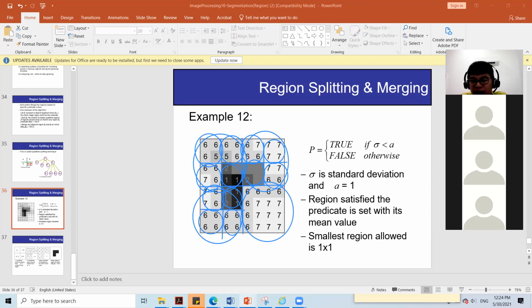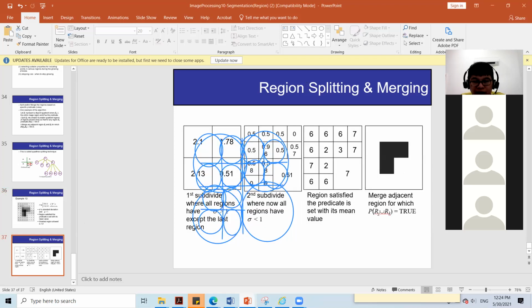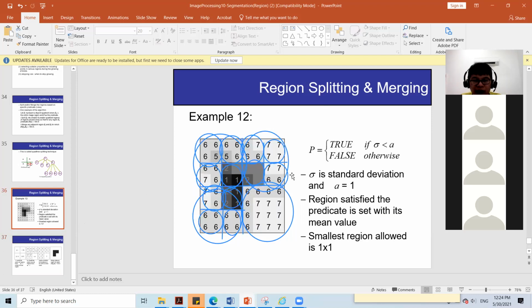But this one doesn't need it, because if you check the standard deviation already, it is less than one, right?